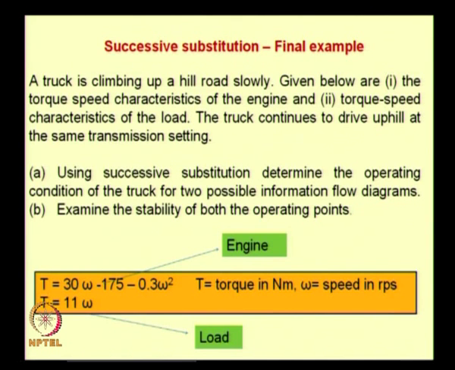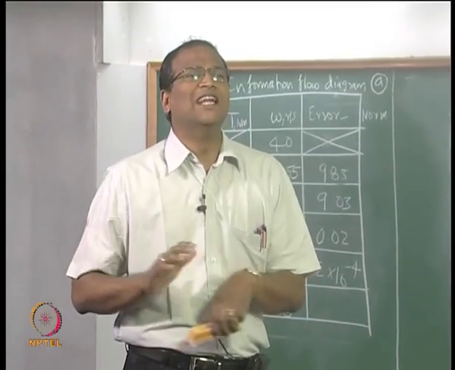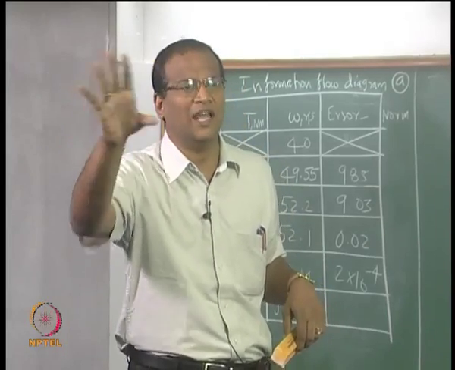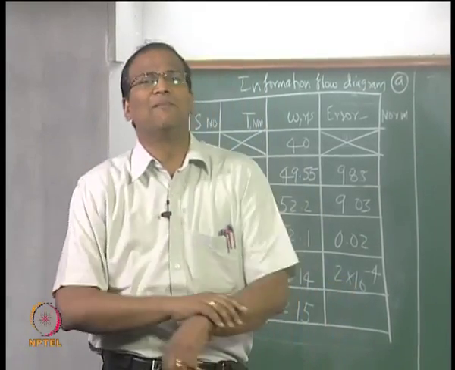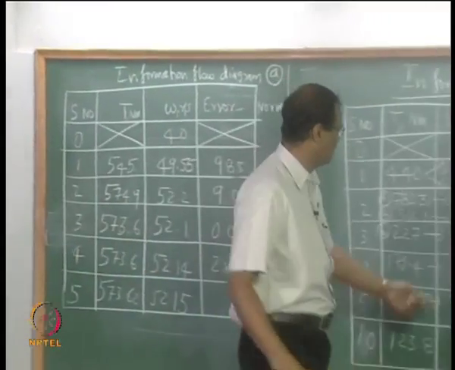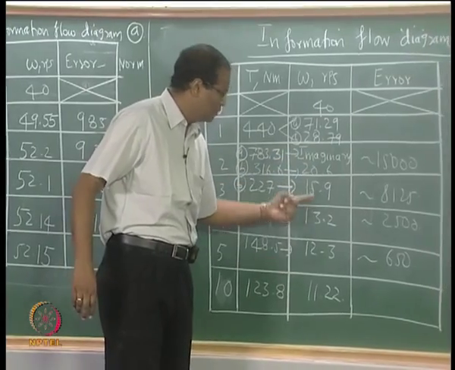So now you have to examine the stability of the operating point. Now for the sake of time, let us do the stability analysis only around point A. So all of you please examine the stability around point A. How did you approach point A? You approach from 40.